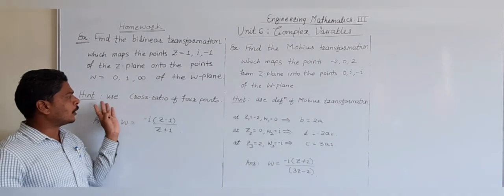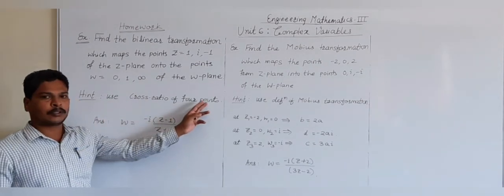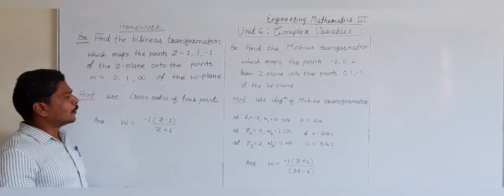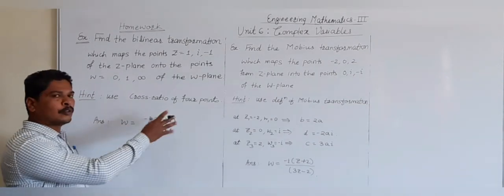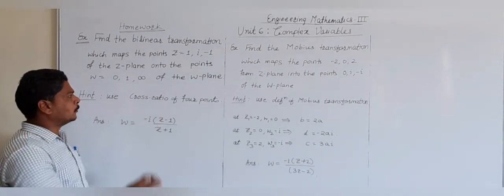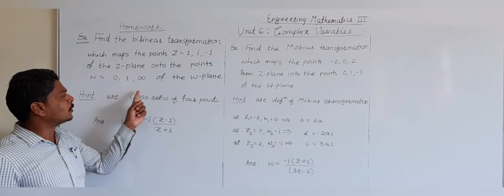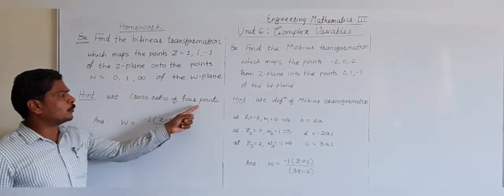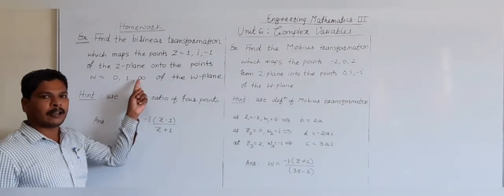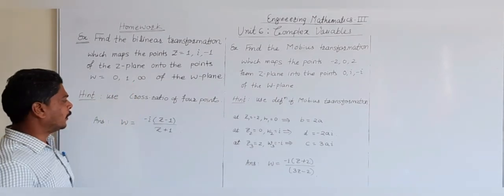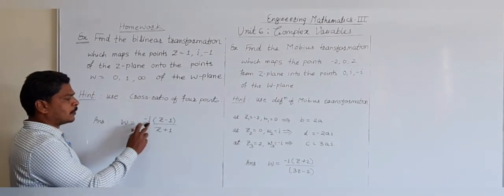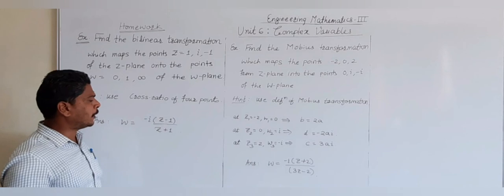That's why we use the cross ratio of 4 points. We can use either the definition or the cross ratio of 4 points, no problem. Mostly we use the cross ratio of 4 points when any one value of Z or W is infinity. The answer becomes W is equal to minus i into bracket Z minus 1 divided by Z plus 1.